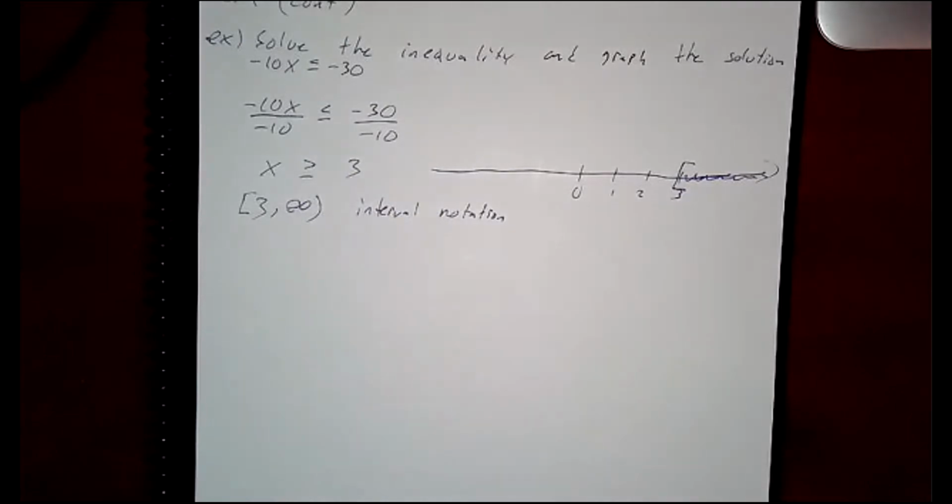But if it was 10x, not negative 10x, you would divide by 10, which is positive, so the symbol would not change. The arrow would still stay the same. Yeah, that's a good question. It only flips when you divide by negatives or multiply by negatives.